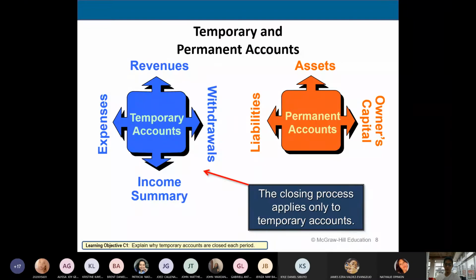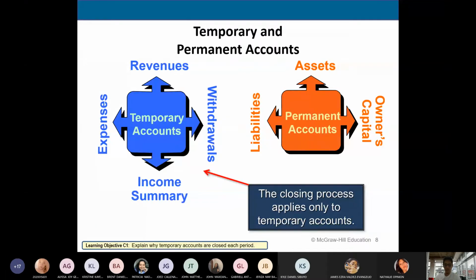Imagine niyo December 31 ang balance sheet date natin. Bago tayo mag-start, January 1 next year, the balances of these items should be zero. So, come January 1 next year, dapat wala tayong nakikita ang mga balances ng expenses, revenues, and withdrawals. Okay? Lahat ito dapat naka-close sa owner's capital.